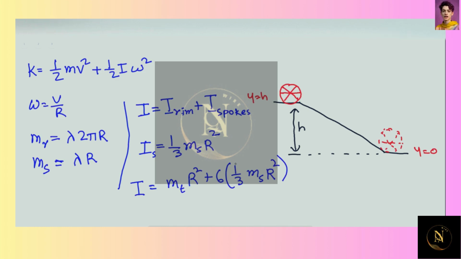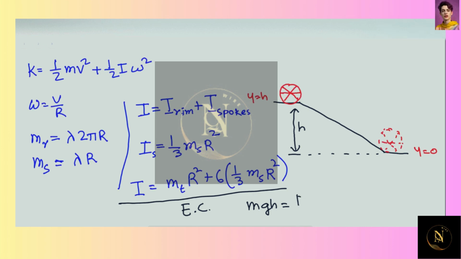And if we now write down the energy conservation equation, as we mentioned, at the top all we have is potential energy. So the energy conservation equation will have mgh on the left, which is the top of the hill, and on the right it will have the kinetic part, because there's no potential energy.